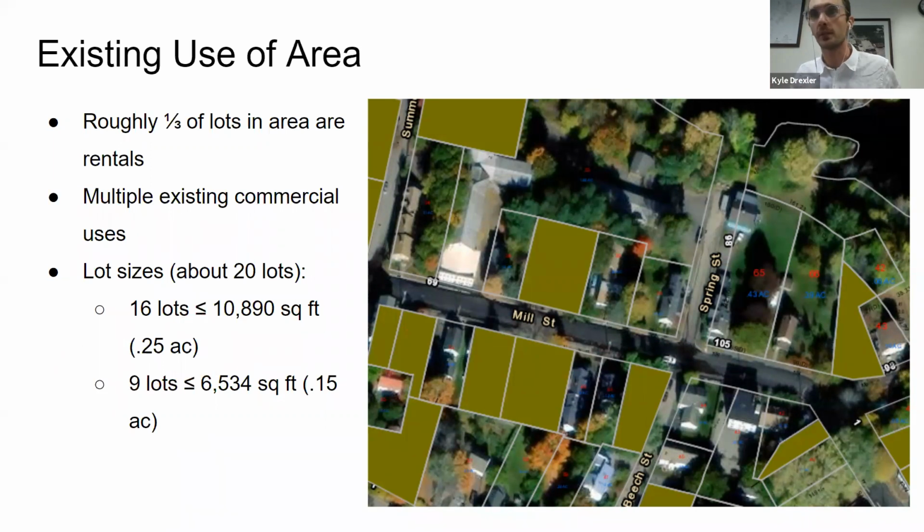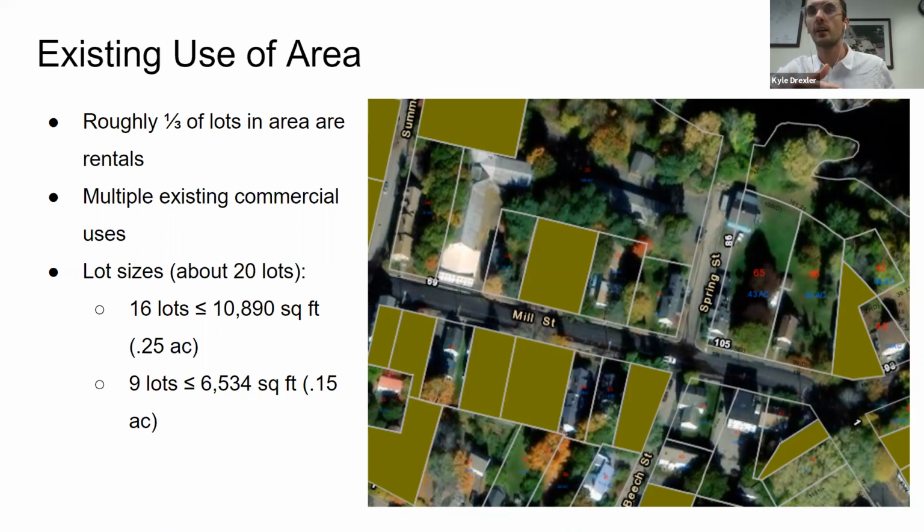And 9 of the lots, almost half the lots that we're talking about in this area, are at or under 6,500 square feet. So the lots here really don't fit the dimensional feel that the MDR kind of describes.